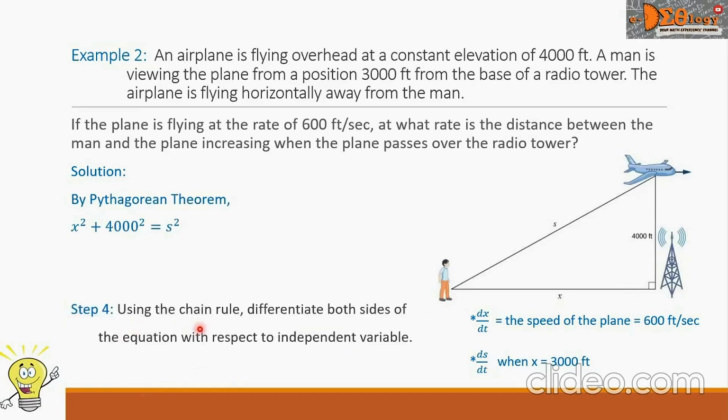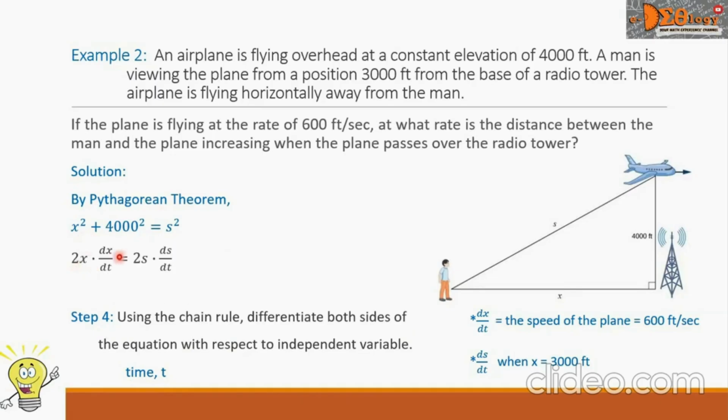Step 4. Using the chain rule, differentiate both sides of the equation with respect to the independent variable. We say that the independent variable here is the time, denoted by t. So taking the derivative now with respect to time, the derivative of x squared with respect to time is 2x times dx over dt, plus the derivative of 4,000 squared is 0 because this is a constant.